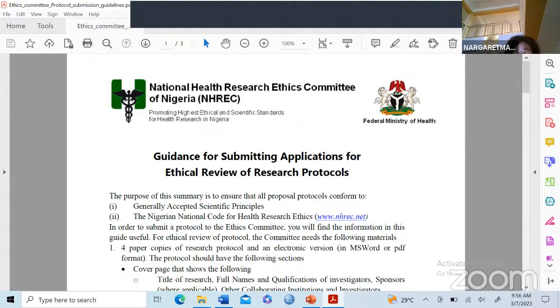These are all listed. If you go to the website, all the things that you have to conform with to submit your protocol. If it's inadequate, the desk officer will notify you that you have to go and address the gaps. And online submission is the key. You are not mandated to bring hard copy.